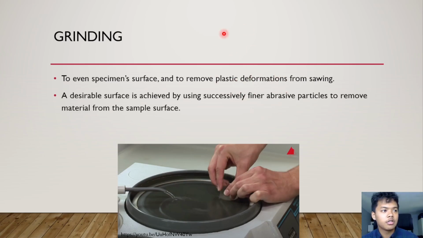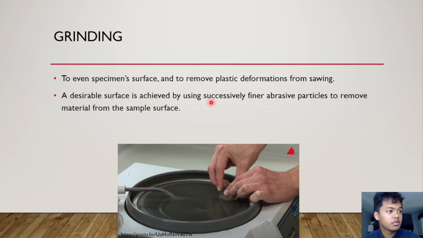Why is there plastic deformation from sawing? So when you saw, you can actually see really small scratches, sawing lines, sawing deformations, sawing marks, and we hope to remove said marks by grinding.